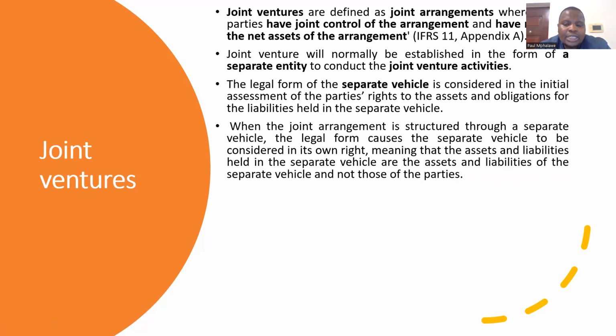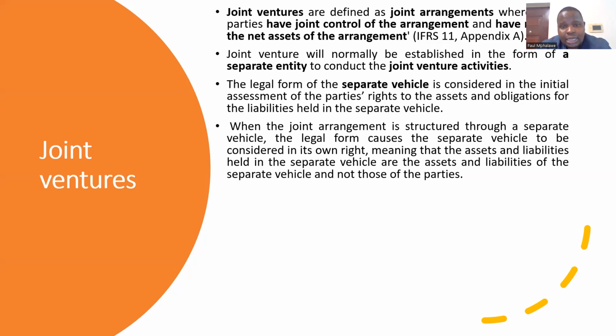Then when the joint arrangement is structured through a separate vehicle, the legal form causes the separate vehicle to be considered in its own right, meaning that the assets, number one, and the liabilities, number two, held in the separate vehicle are the assets and the liabilities of the separate vehicle and not those of the parties.